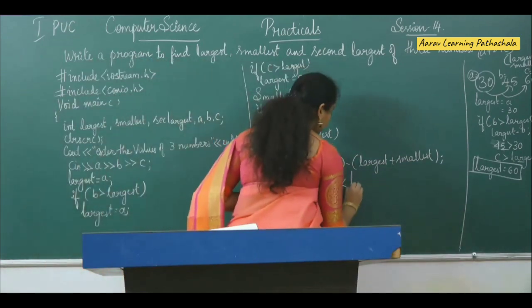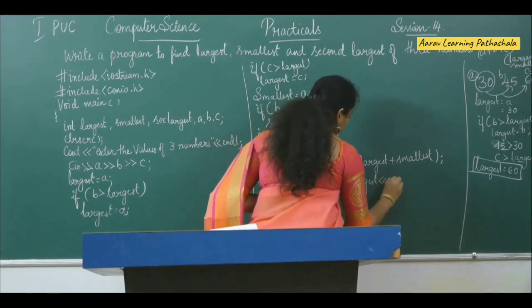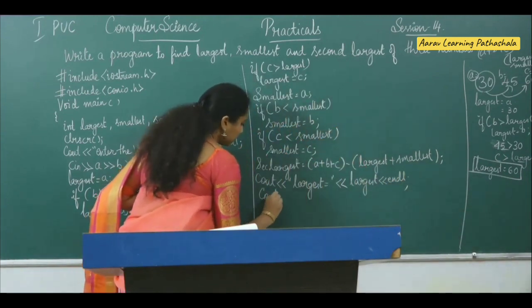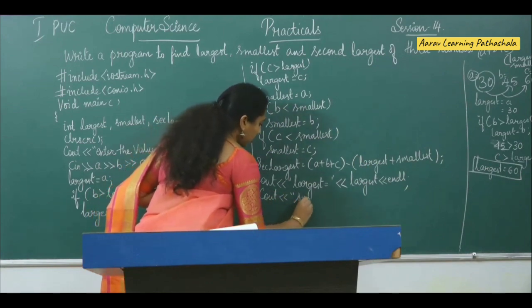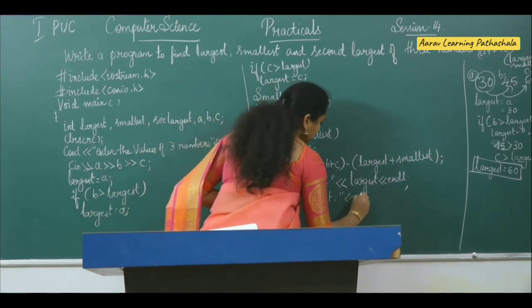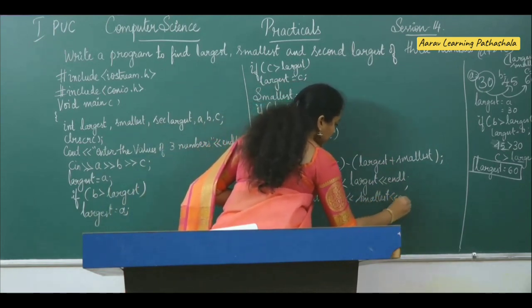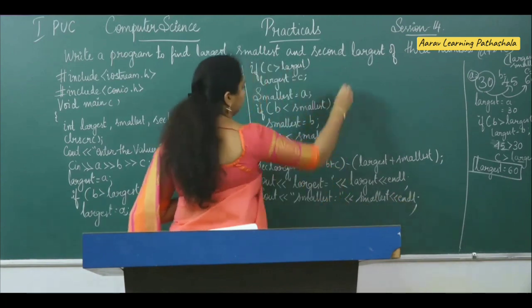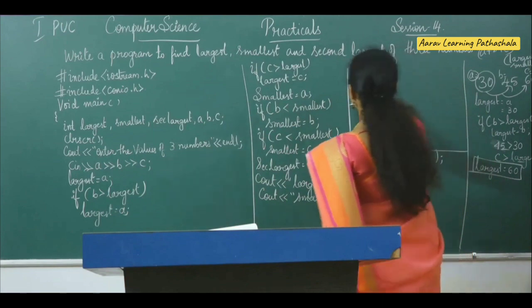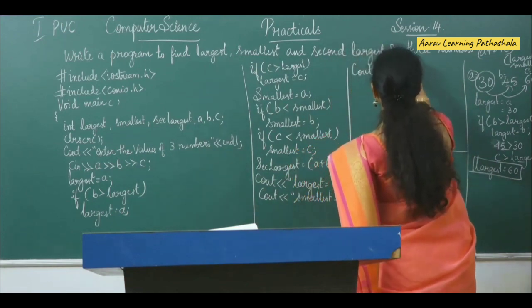Largest is equal to largest. Endl represents end of the line. Cout smallest. Cout second largest.